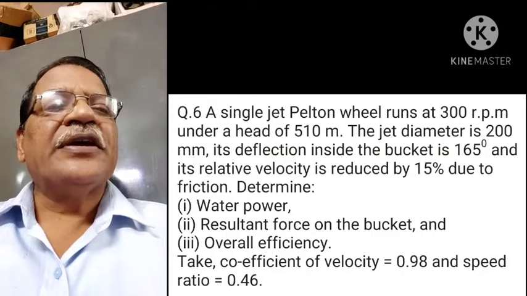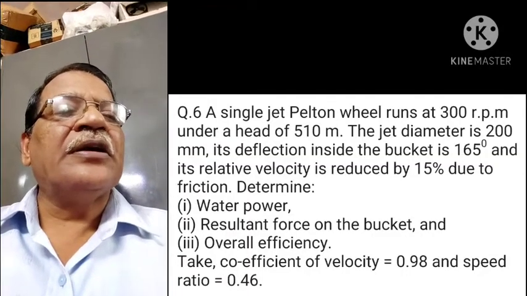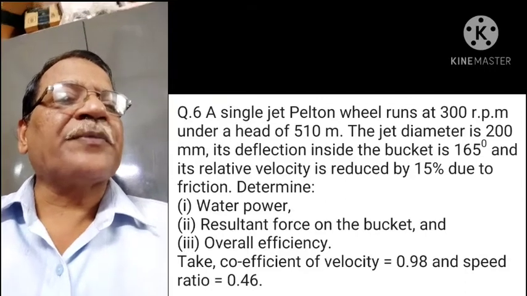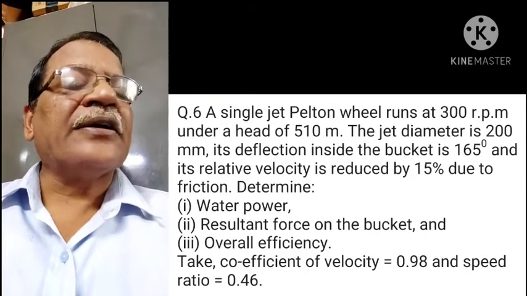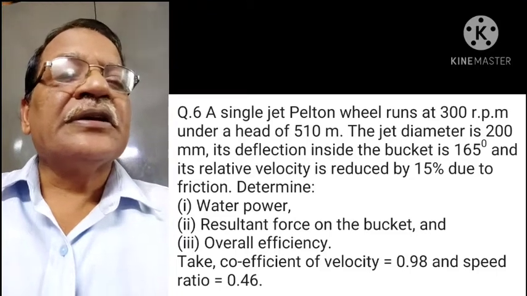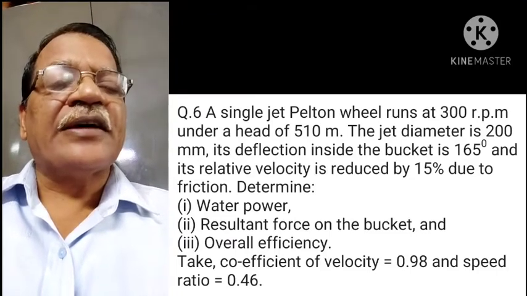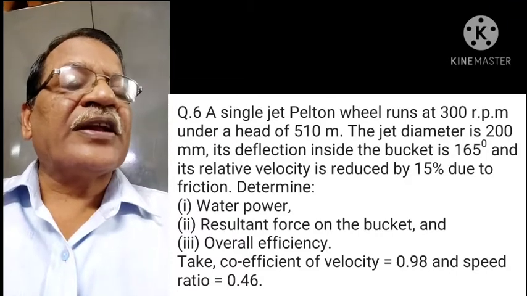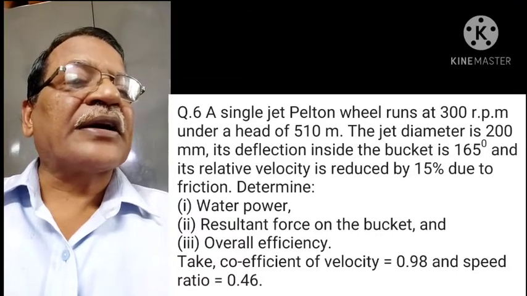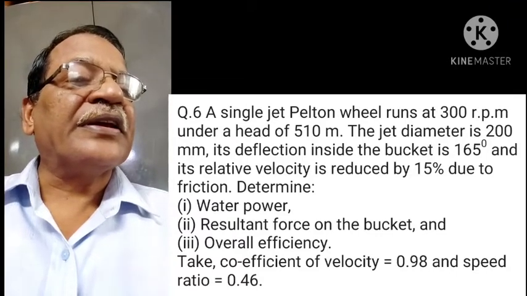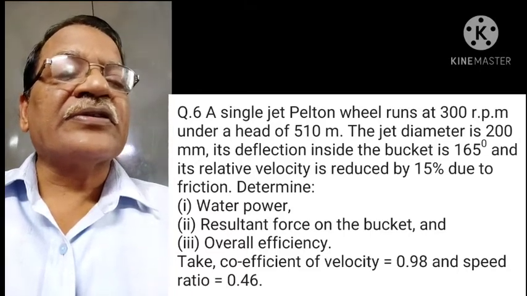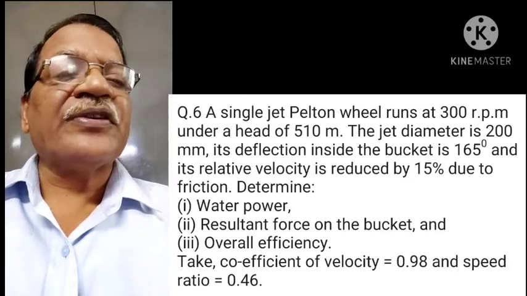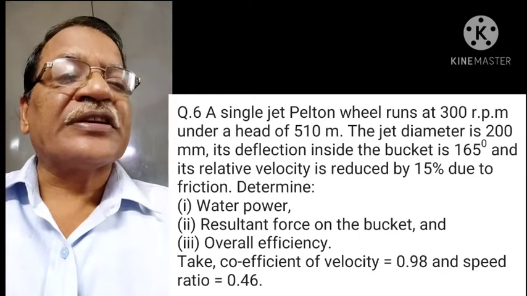Question number 6. A single jet Pelton wheel runs at 300 rpm under a head of 510 meter. The jet diameter is 200 mm. Its deflection inside the bucket is 165 degrees and its relative velocity is reduced by 15% due to friction.